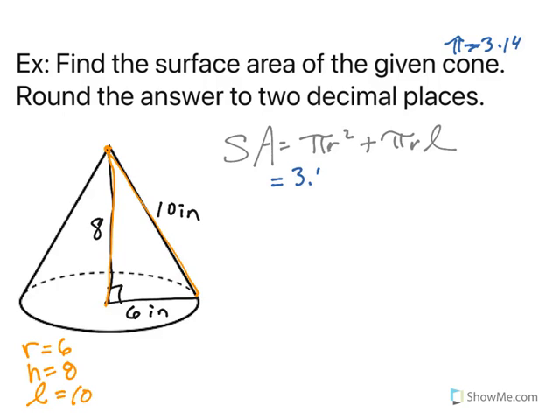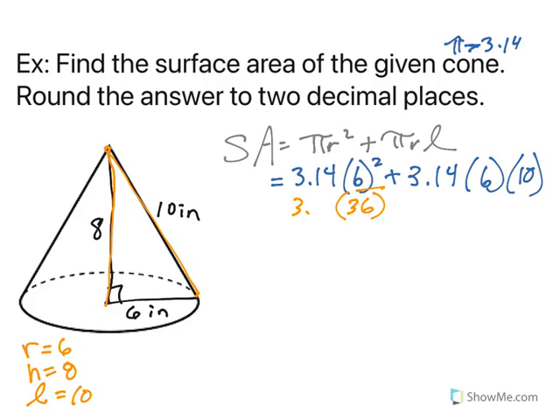So I have 3.14 times my radius, 6 squared, plus 3.14 times my radius of 6 times my slant height of 10. Because of order of operations, you need to square 6 first. So 36 times 3.14, and then you still have 3.14 times 6 times 10.